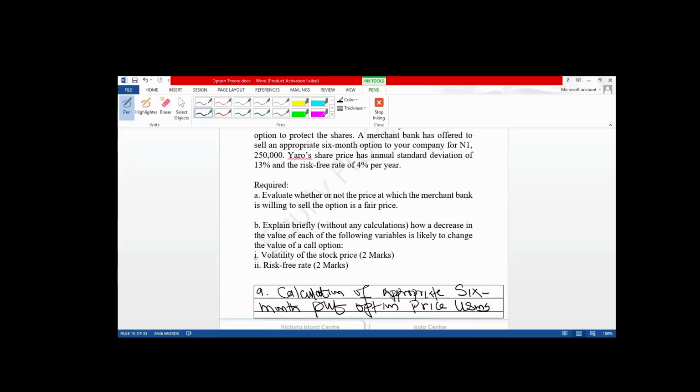Amendment B, explain briefly how a decrease in the value of each of the following variables is likely to change the value of a call option.